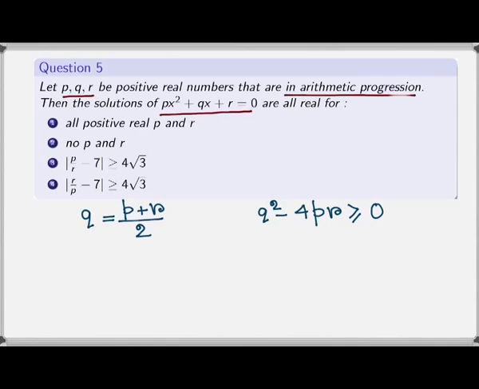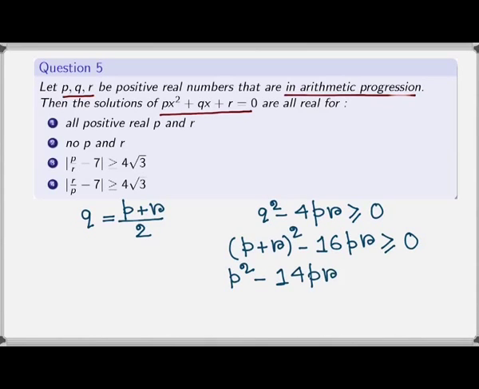So when we substitute the value of q, which is (p plus r) divided by 2, in this condition, we obtain (p plus r) whole square minus 16pr is bigger than equal to 0, which is p square minus 14pr plus r square is bigger than equal to 0.